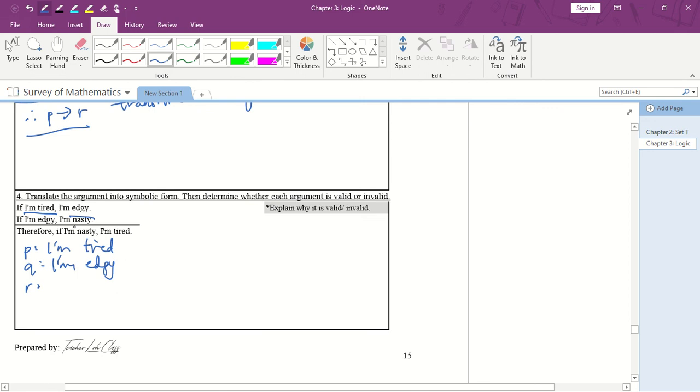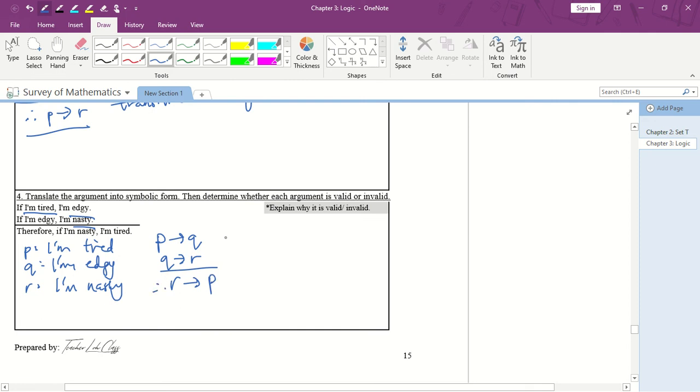And R: I am nasty. So when we look at this one, just look at here. P→Q, and the second premise will be Q→R. However, this is it. Therefore, I am nasty, R. I am tired becomes P.